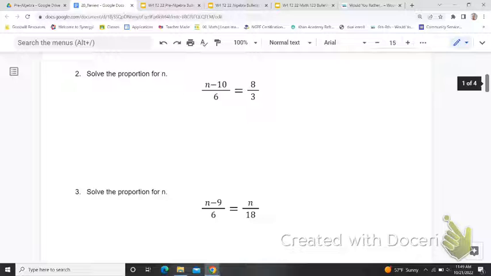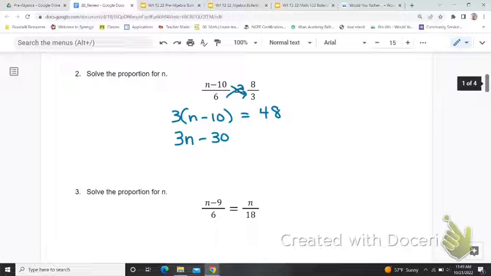Now we have one that becomes an equation, but this one just becomes a two-step equation instead of one. So we're cross multiplying. So I have 3 times n minus 10 is equal to 6 times 8. I'm just going to go ahead and write 48 there. This would be 3n minus 30 is 48.